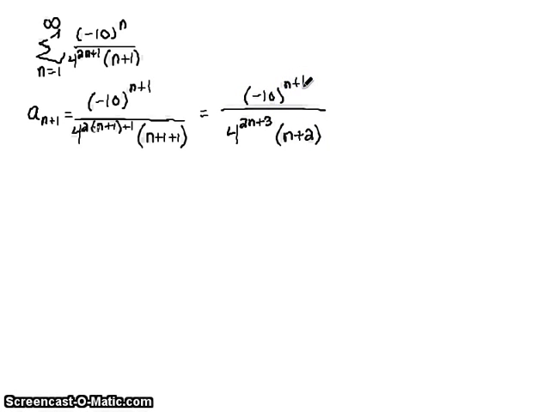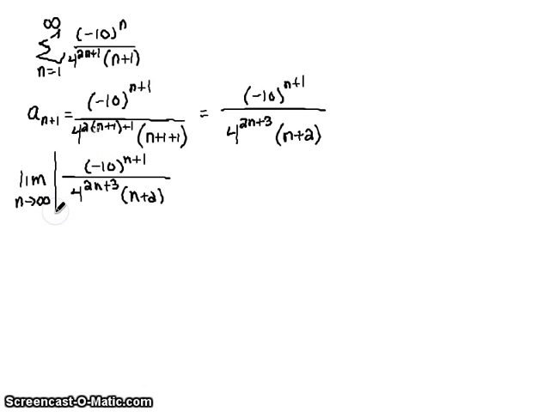So now we want to take the limit as n approaches infinity of that a of n plus 1, and we want to take the absolute value of all this, divided by our original a of n, which means we're going to multiply by the reciprocal.